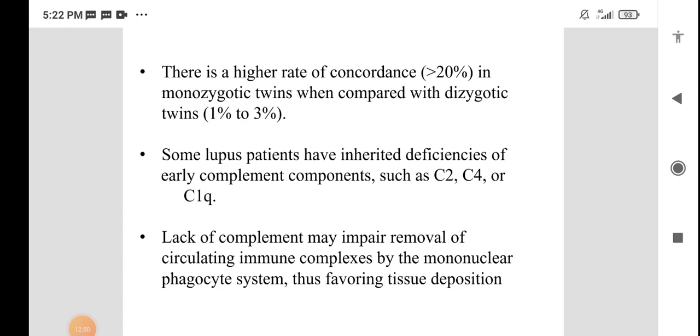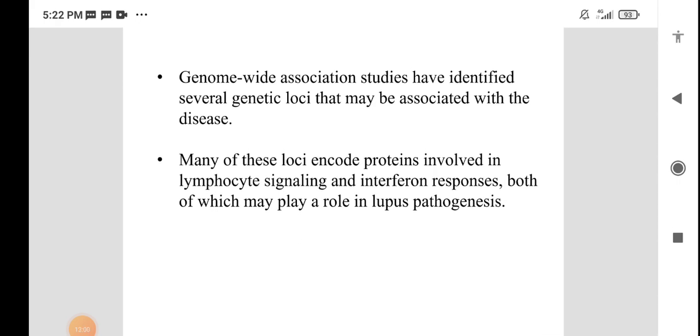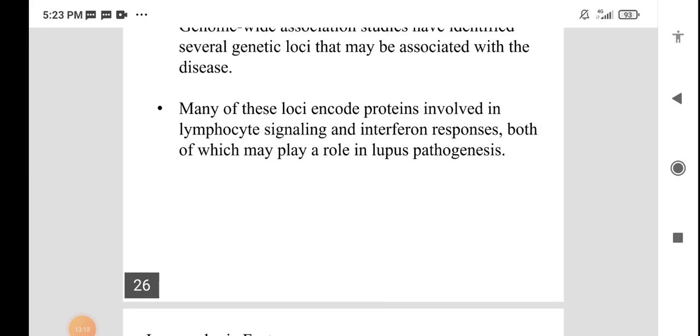Lack of complement may impair removal of circulating immune complexes by the mononuclear phagocytic system, thus favoring tissue deposition. Genome-wide association studies have identified several genetic loci that may be associated with the disease. Many of these loci encode proteins involved in lymphocyte signaling and interferon responses, both of which may play a role in lupus pathogenesis.